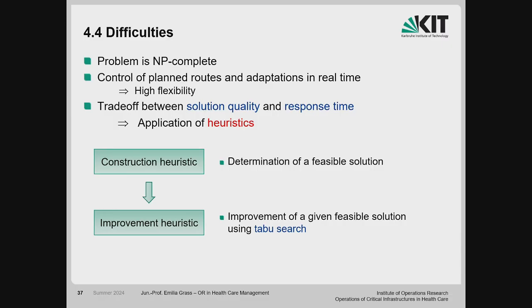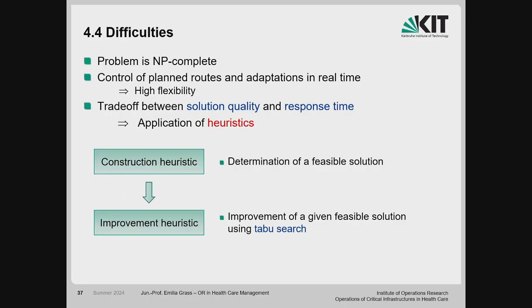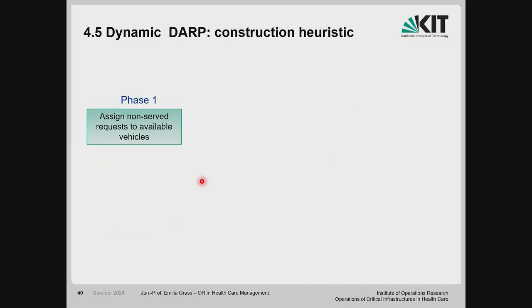Okay, and how does it work? Let's start with a construction heuristic. We start with this to determine just a feasible solution, and it is divided into different phases. Phase 1 is simply to assign the requests to vehicles.